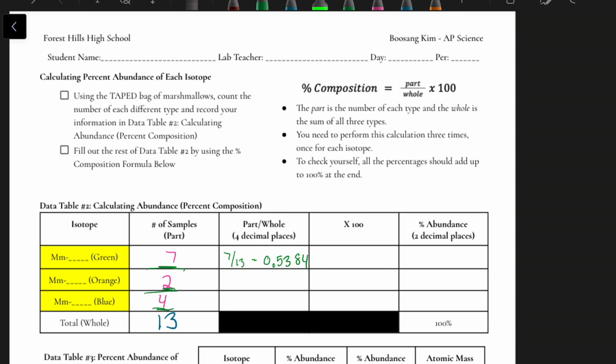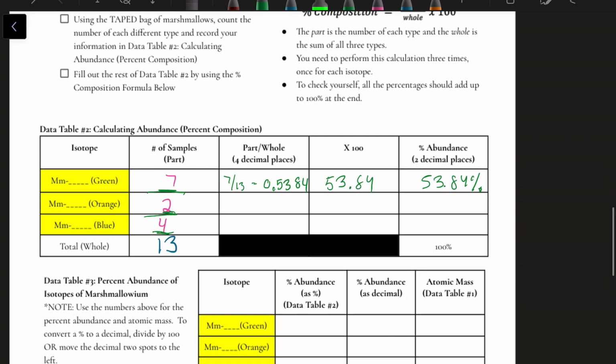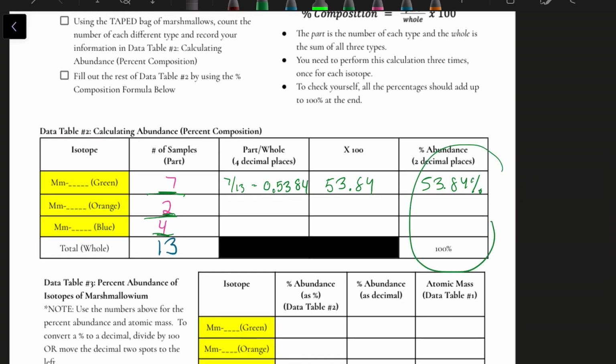When we times that by 100, it becomes 53.84, and that is our 53.84%. So you do that for the remaining ones. All of your percents should add up to 100. If it's a little above, a little below, that is okay, but if it is very off from 100, you need to go back and figure out what happened.